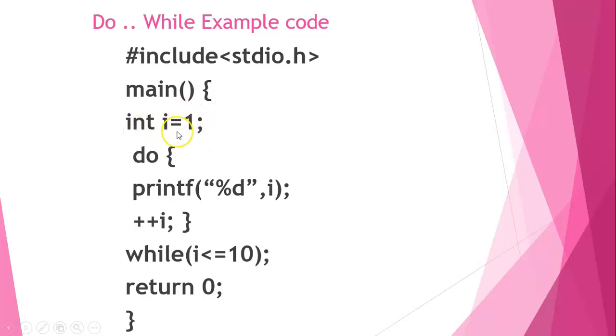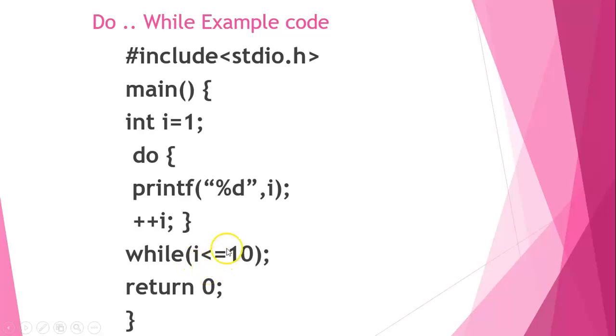We have initialized this I with a value of 1, and then we are saying do. What are you doing? Print %d. If this condition here is not true, this statement will have already executed at least once.